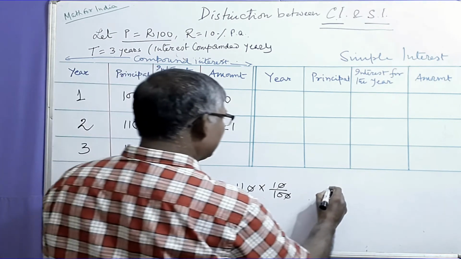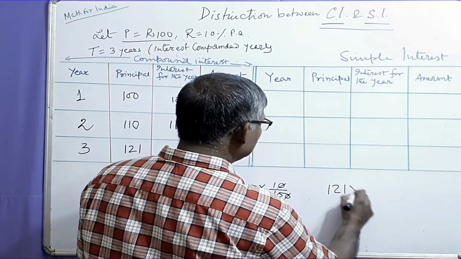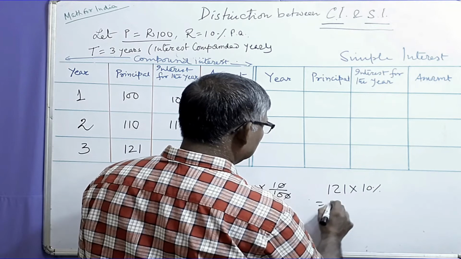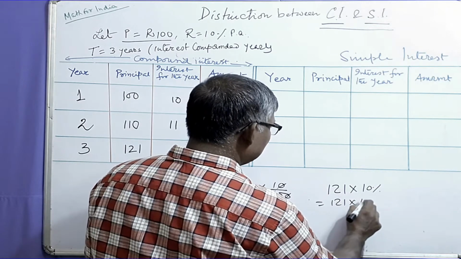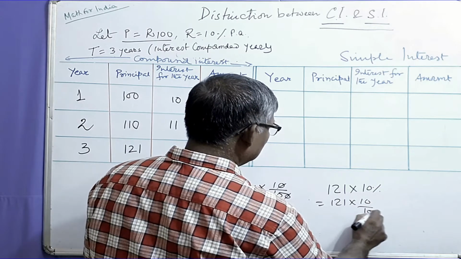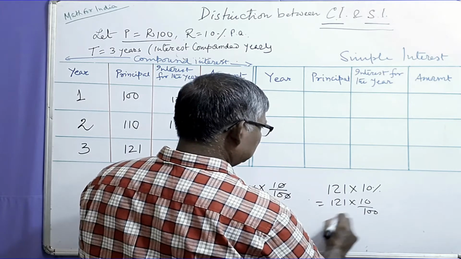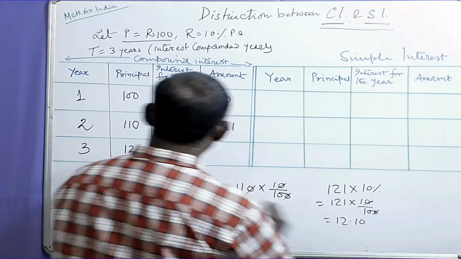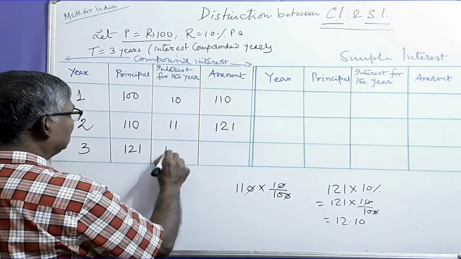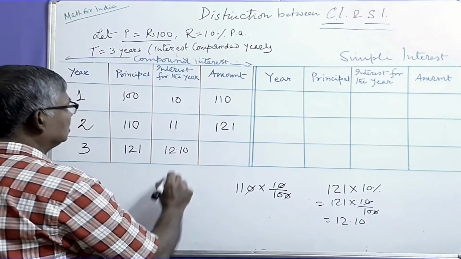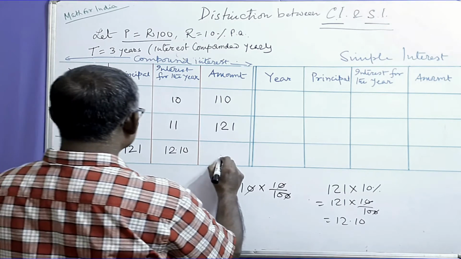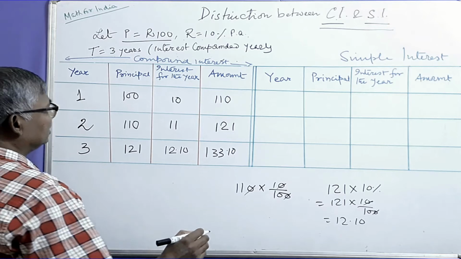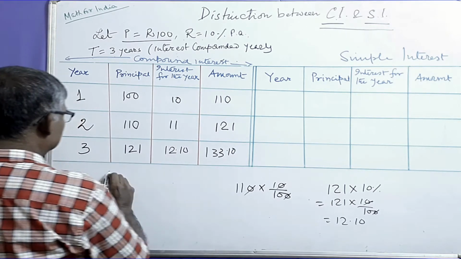Now let us calculate 121 into 10%, that is 121 into 10 by 100, that is 12.10. So the interest will be 12.10. So the amount will be 133.10. And here see what would be the interest.